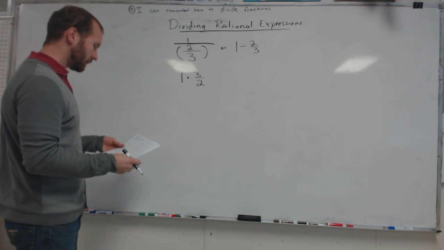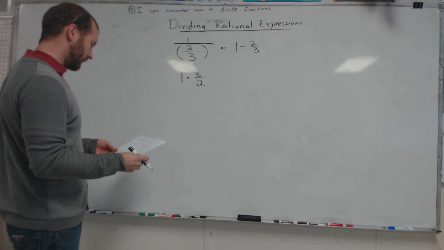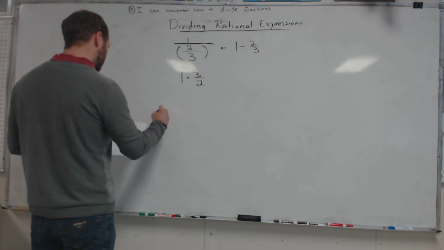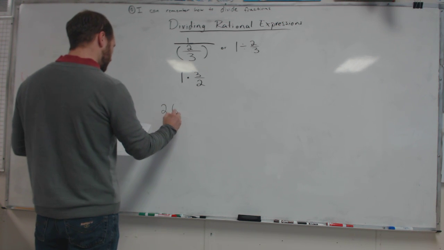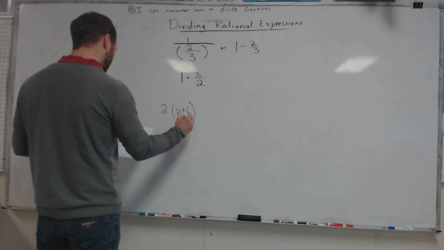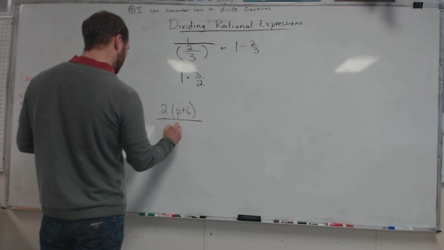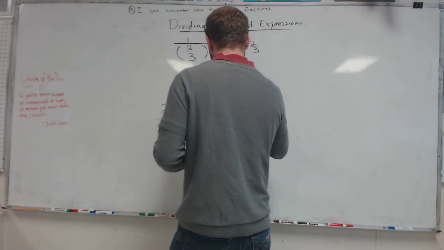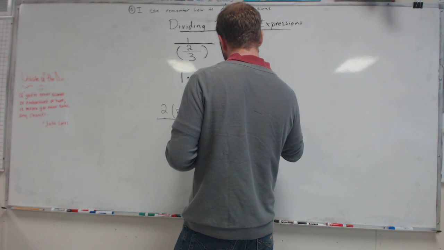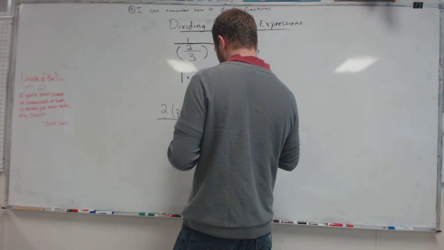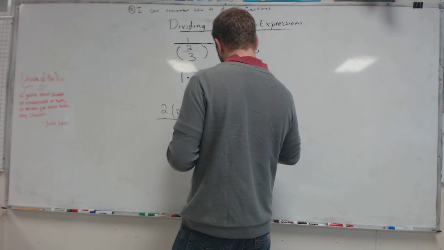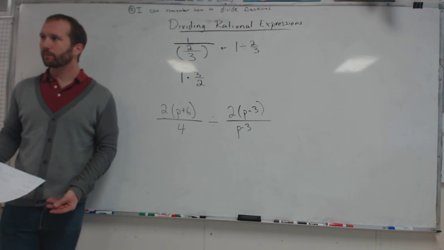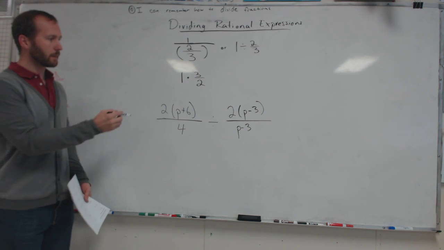So what if they start to look a little bit more complicated? Like if I had 2 times (p plus 6) over 4, divided by 2 times (p minus 3) over (p minus 3).